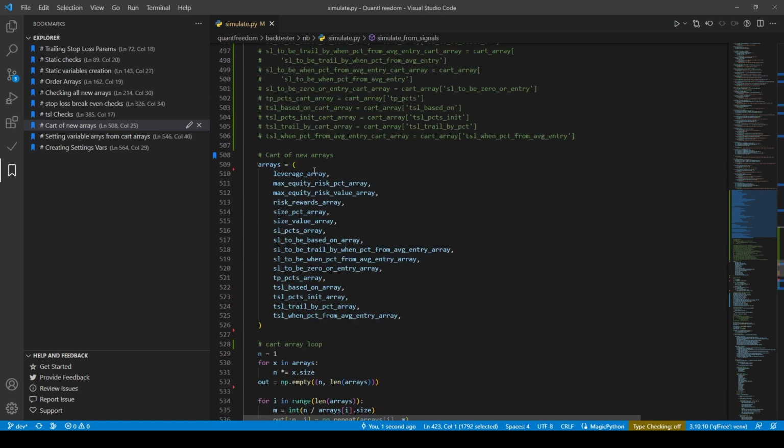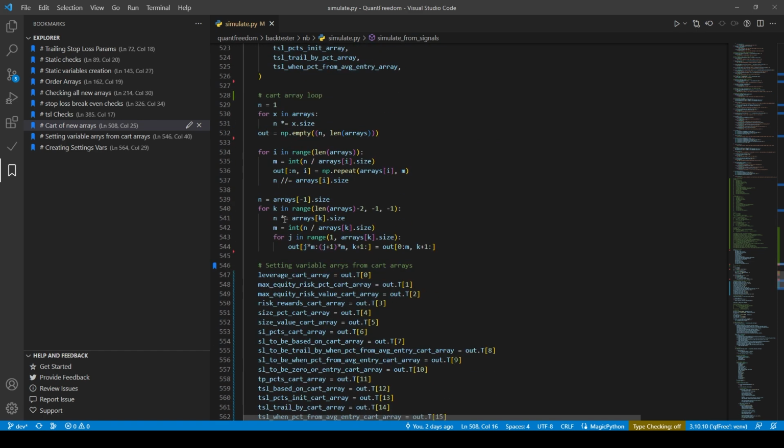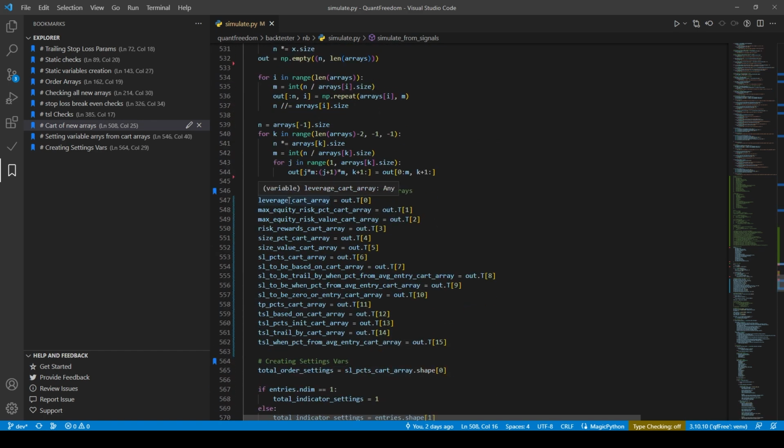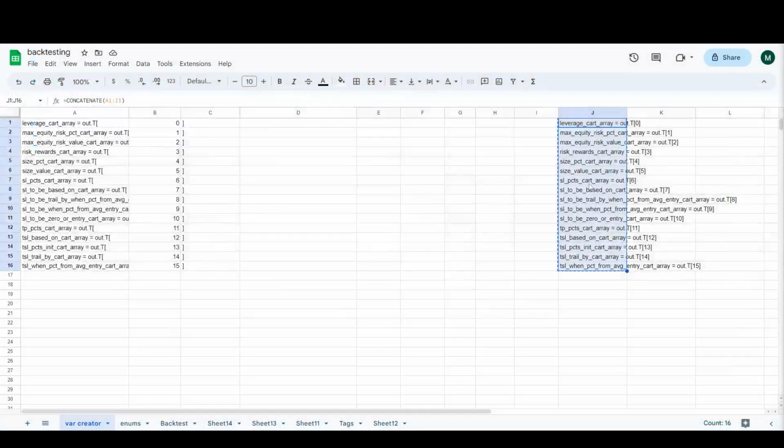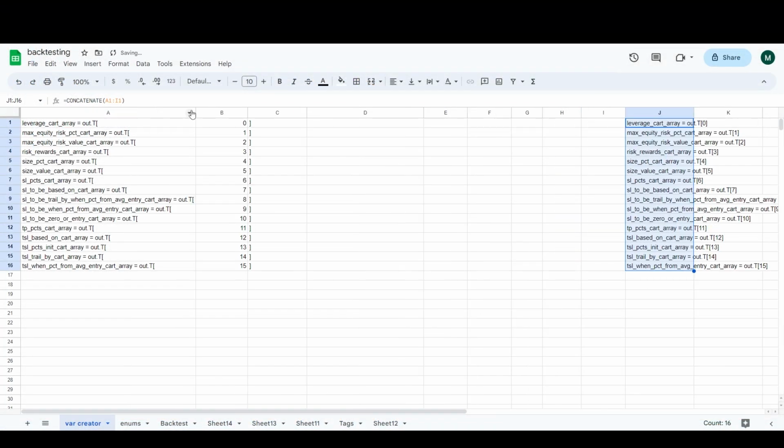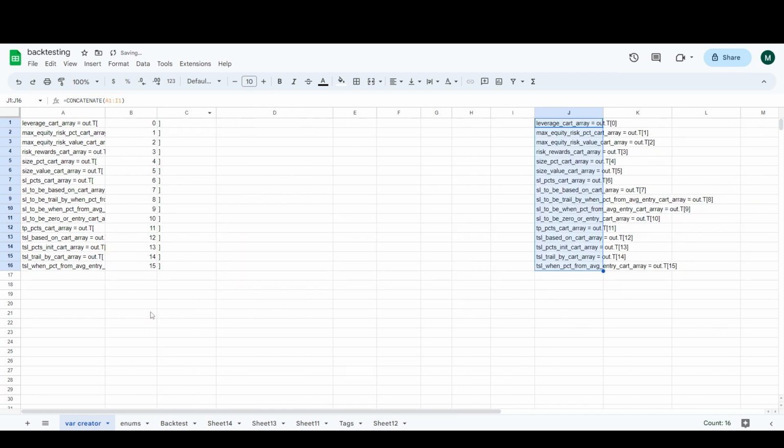And so now we have this arrays. We have the Cartesian loop, and now we just set it like this. And luckily, I was able to realize that I could just use this as a variable creator. Because now doing that like 0, 1, 2, 3, copy pasting it is no problem.